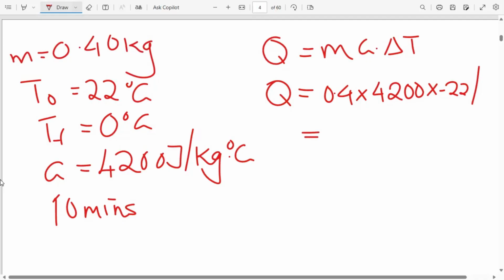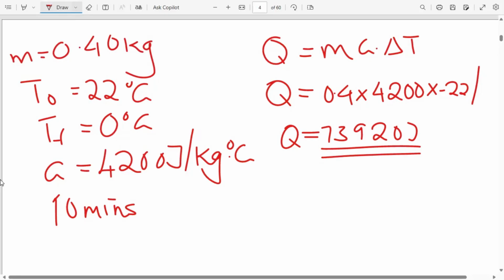If I plug this in, I'm getting 73,920 joules. So our Q is negative 73,920 joules.